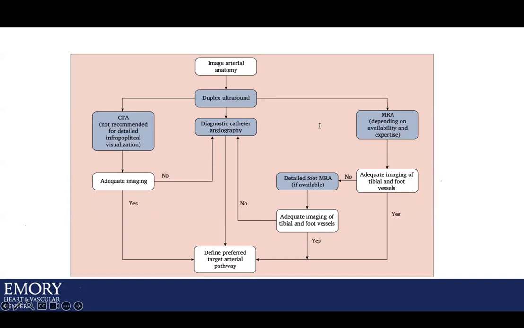And if the ultrasound is suggesting that it's only infrapopliteal, below-knee disease, I would proceed with angiogram right away rather than doing CTA and MRI, because I know CTA and MRI will be limited in assessing such segments below the knee.